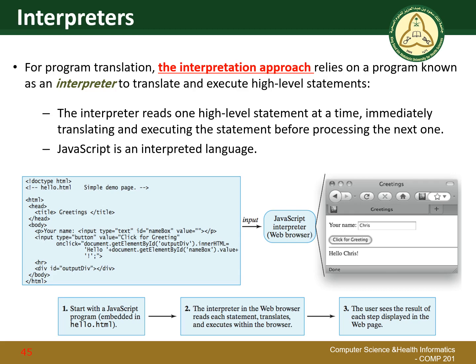JavaScript is an example of an interpreted language that is mainly used to design web pages and web services. So every time you open a web page written in JavaScript, it will be interpreted statement by statement within your browser. So the overall time of translation is very large.